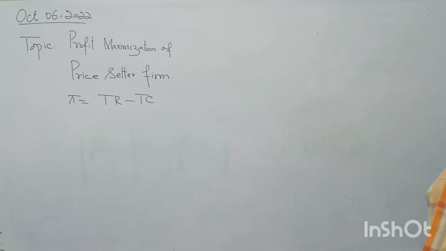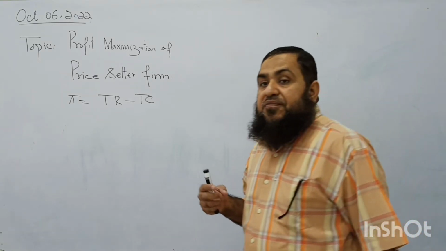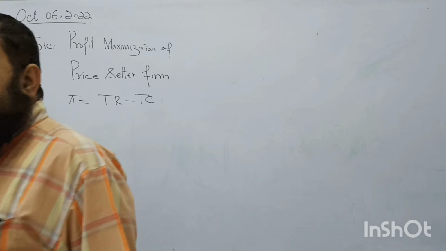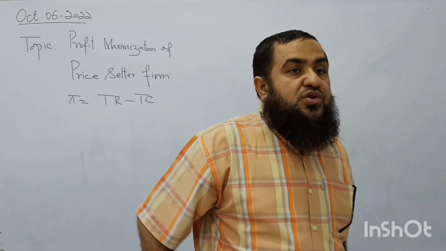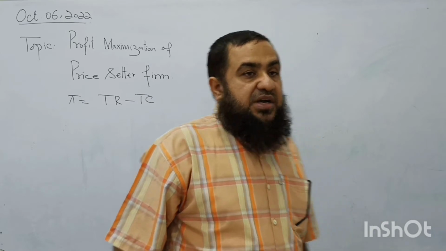So first of all, the firm has to see where its marginal revenue equals marginal cost. In our previous lesson we said, where the firm has equality of marginal revenue with marginal cost, at that level of output, the gap between total revenue and total cost will be maximized.